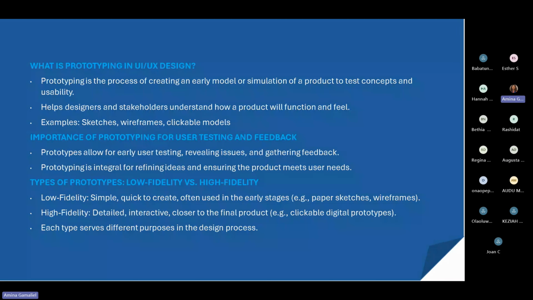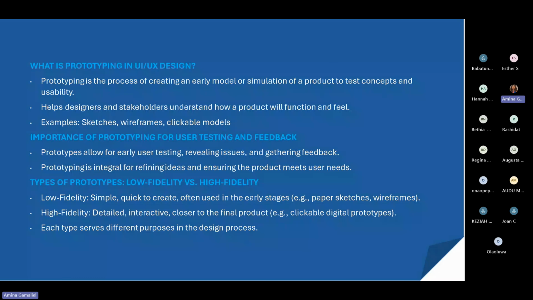So the high fidelity prototype looks as good as the final product. It looks like what the developer, by the time they are done coding, is going to produce. The only difference is the coding that is not included.